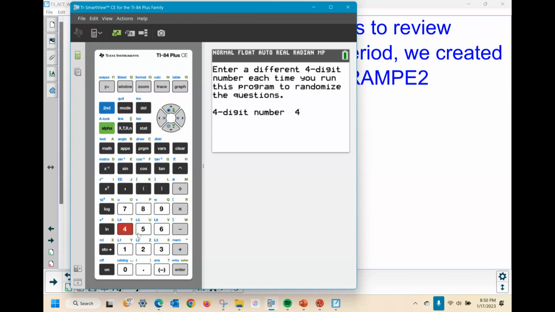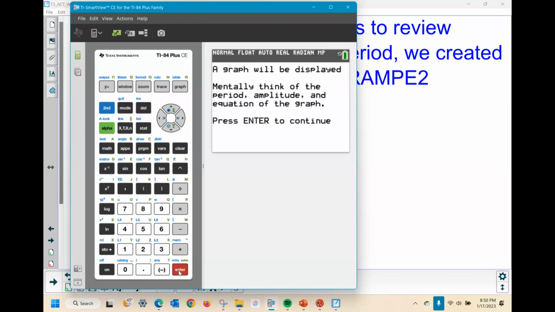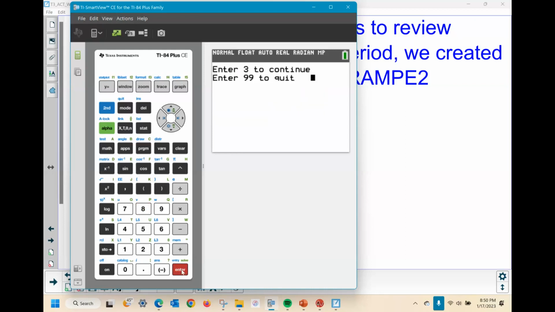It doesn't matter what 4-digit number you type in. If you use the same one I do, you'll get them in the same order I get, which we don't necessarily want. Graph will be displayed. Mentally think of the period, amplitude, and equation, and press enter to continue. So if you press 3, it'll continue. 99 is when you're tired of doing this, so I'll press 3. And now mine's going to be different from yours. Be aware of that, okay?